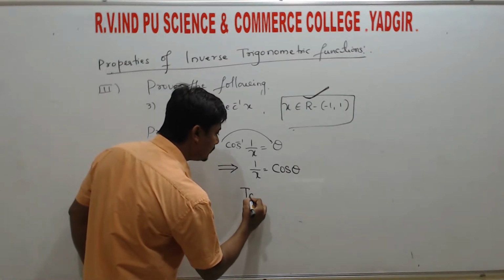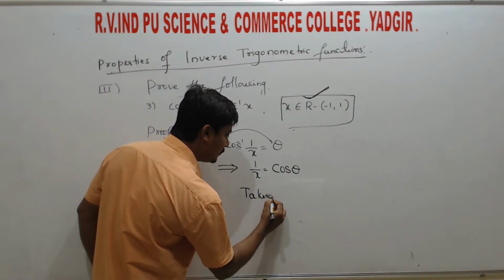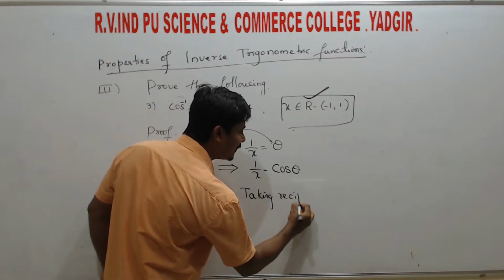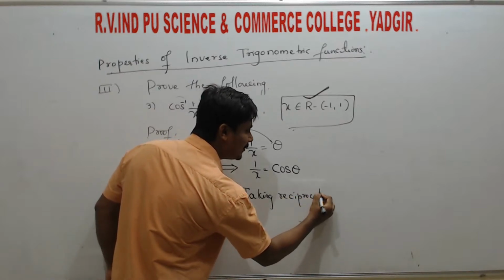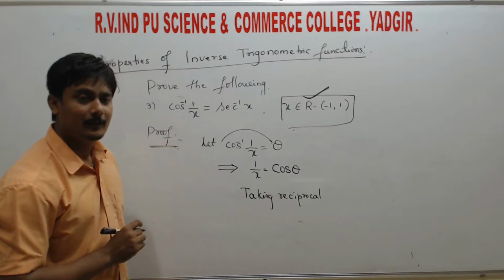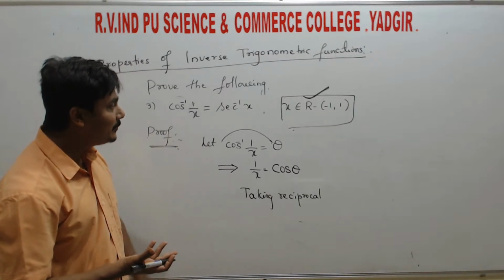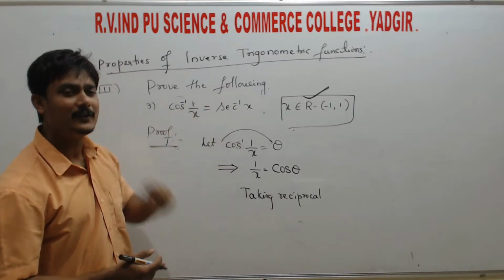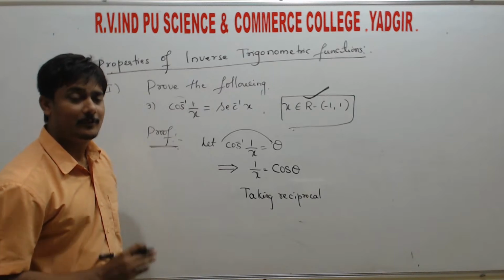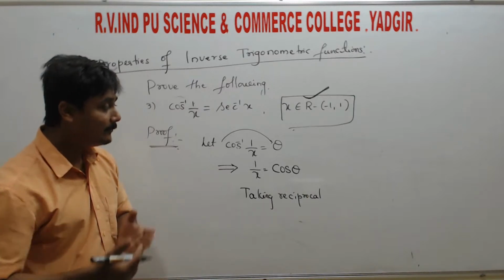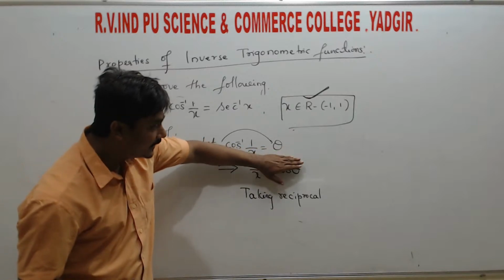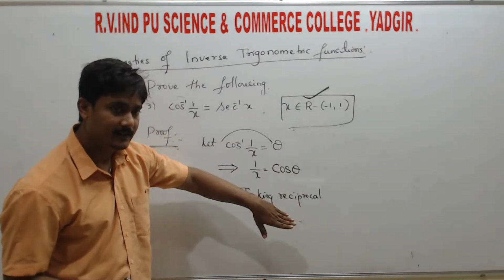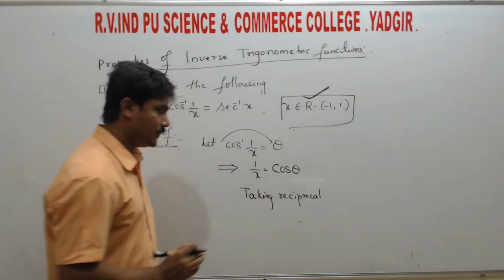Next, we will take the reciprocal on both sides. Why do we take the reciprocal on both sides? Because in the answer I want secant inverse x. What is secant theta? 1 divided by cos theta. So I need a term such as 1 by cos theta, so I need to take the reciprocal on both sides.